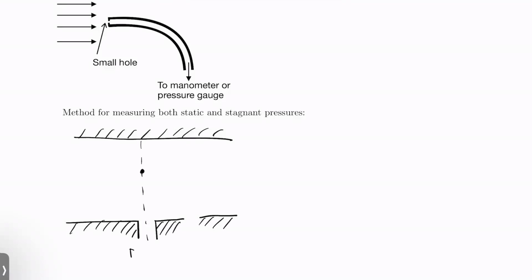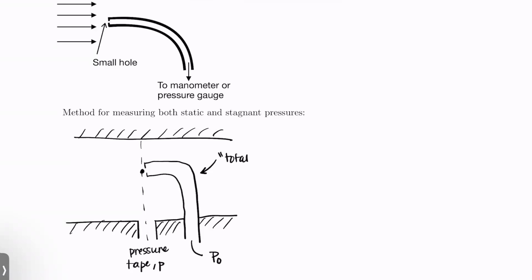We would put a pressure tap down at the bottom here to measure P. And then we would also include what's called a total head tube. And that will measure our stagnation pressure, P naught. So this is called a total head tube.